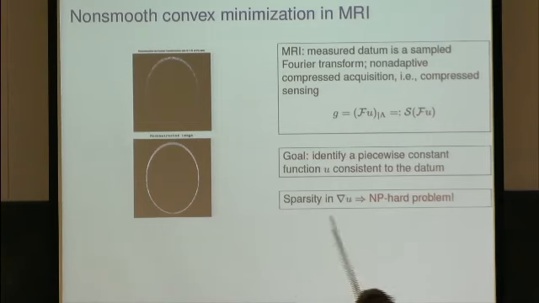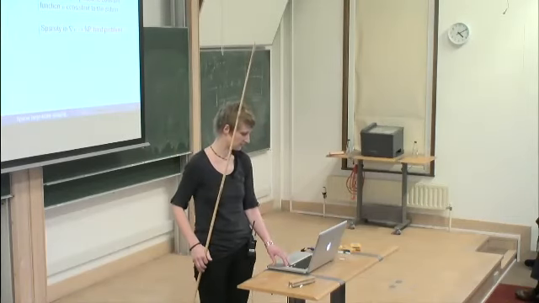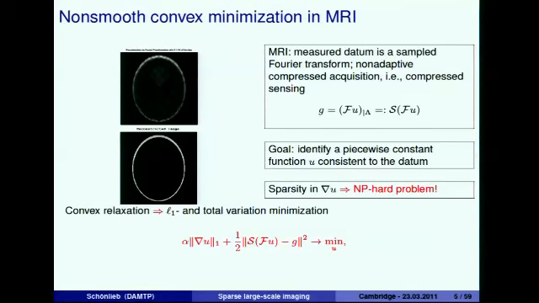Meaning that the function u is sparse in its gradient, which, as we have also heard during these last days, is in general an NP-hard problem. So what I do is I relax it, and that's how I arrive at this L1 gradient of u minimization problem, which is also known as total variation minimization, and we will also talk about this.